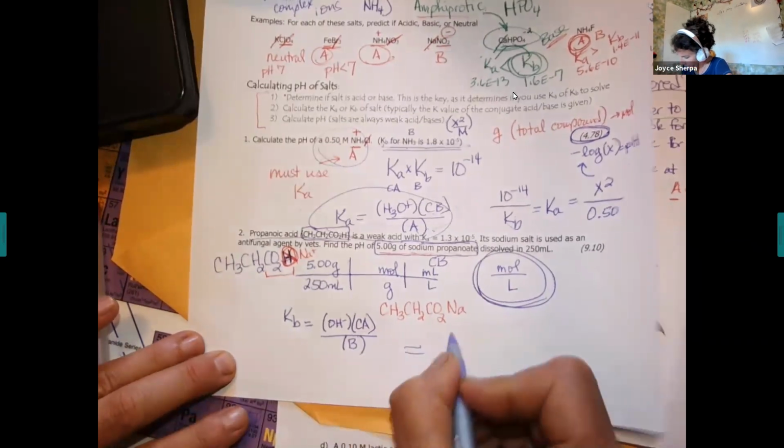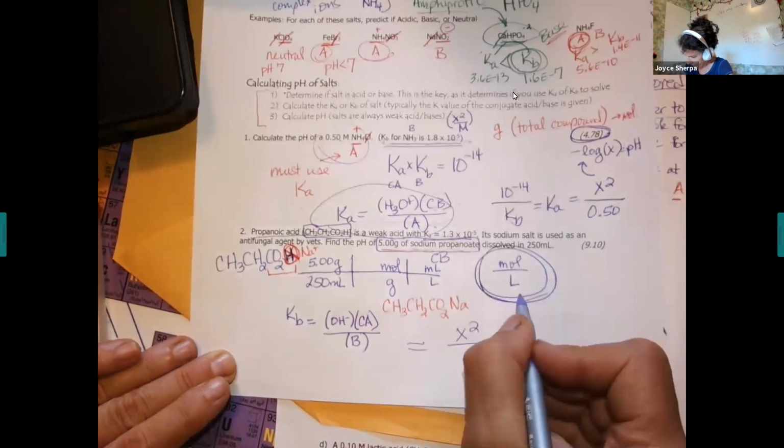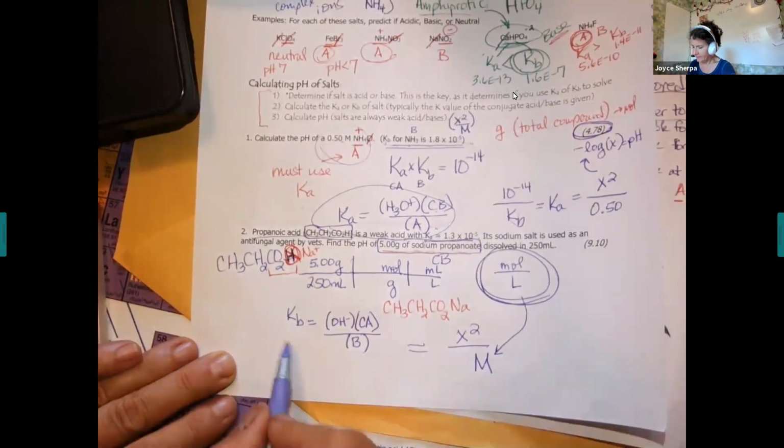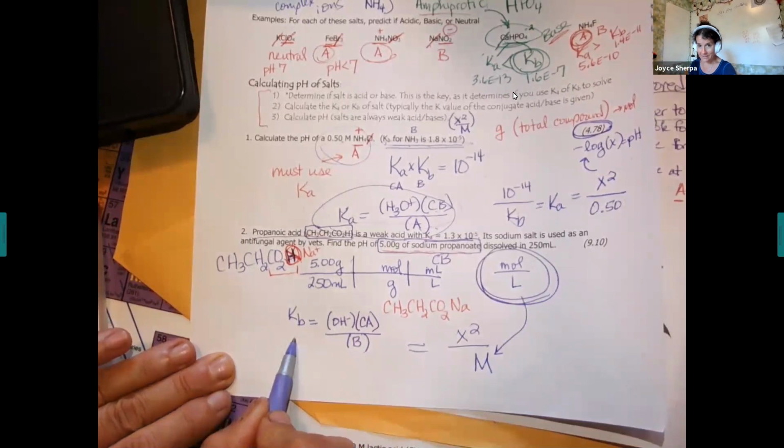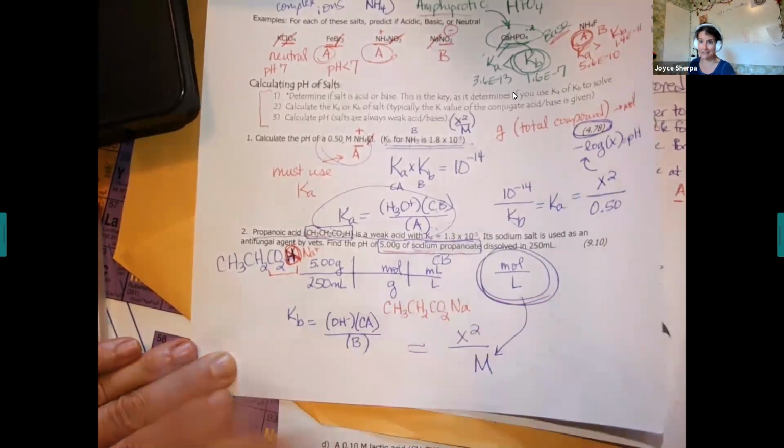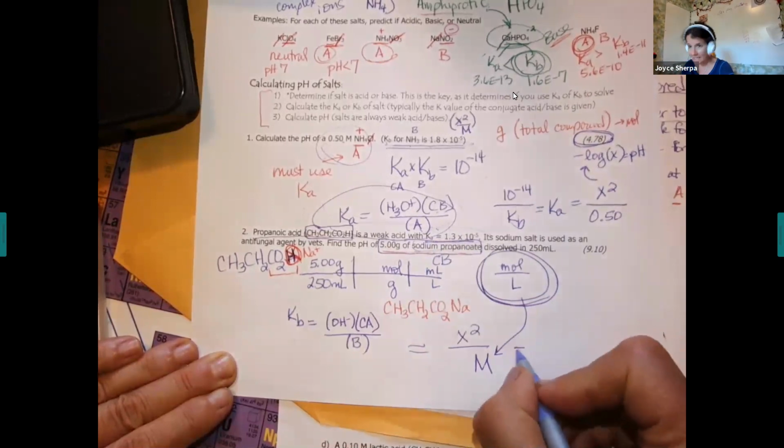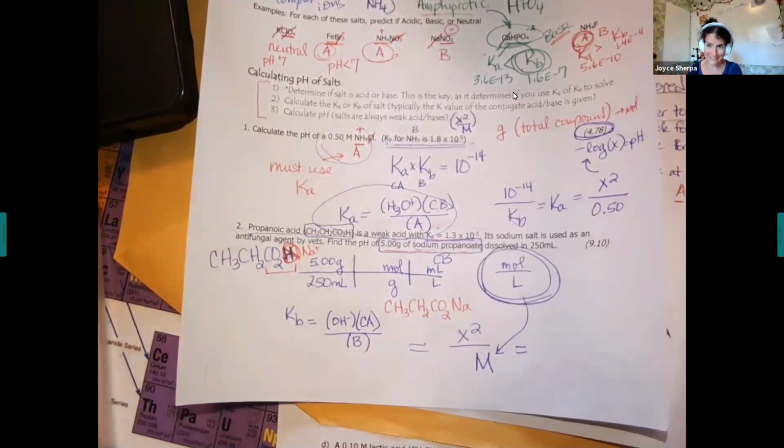And so you'll have X squared over this molarity. To find the Kb, I gave you the Ka rather than having to use Google. If you're trying, and I know this because this is what happened previous 2 terms, that some students were like, I'll just use Google to find everything.